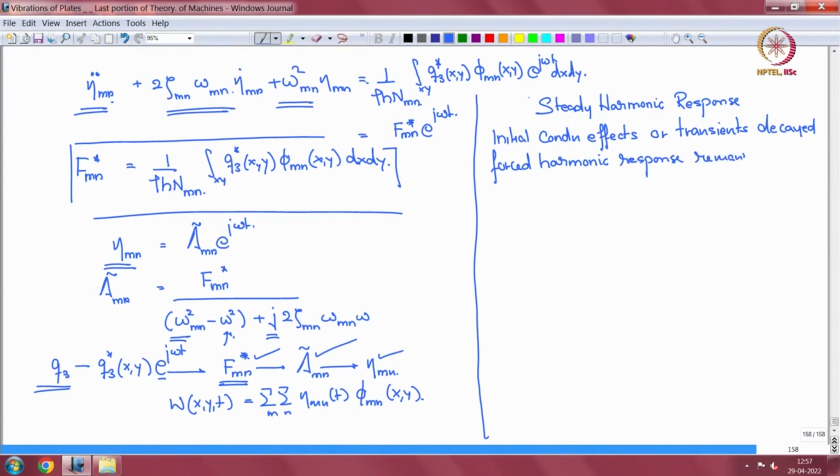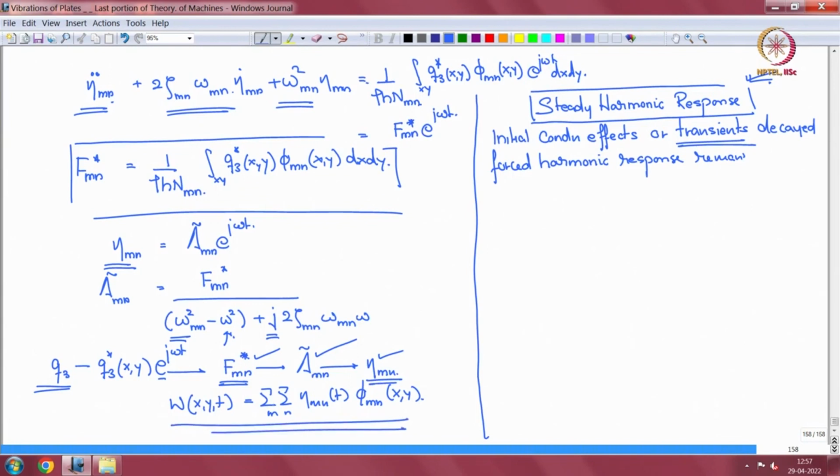That's steady state harmonic response. So that's important, because with some reasonable small damping, the initial transients die away quite quickly. Then we are interested in this steady harmonic response. So that's the path from Q3 to eta mn. Once eta mn is known, the response is known.